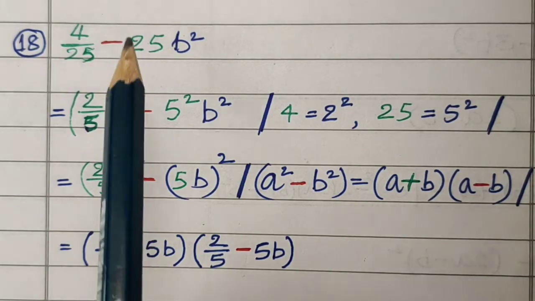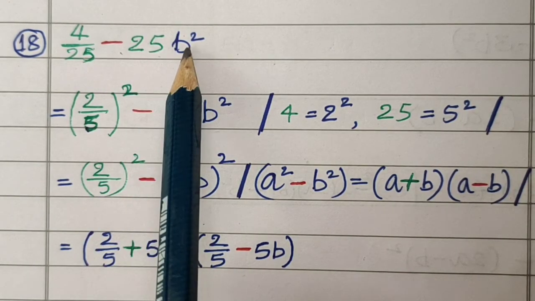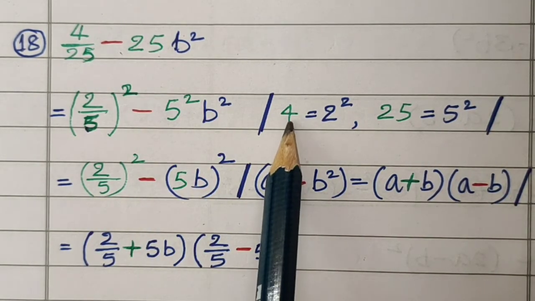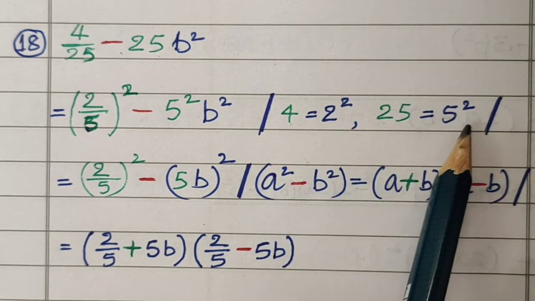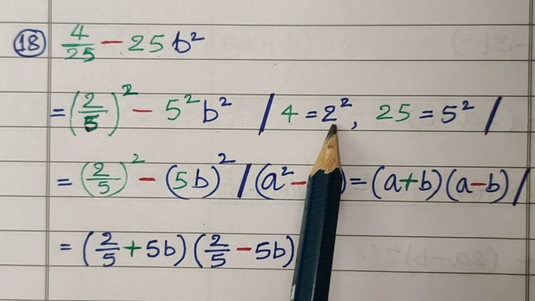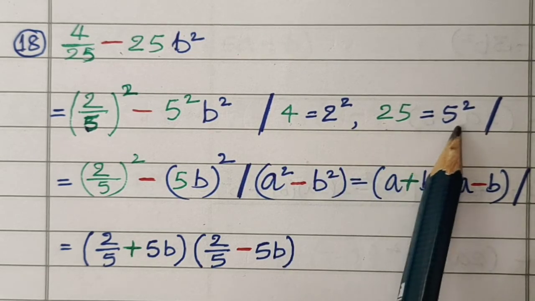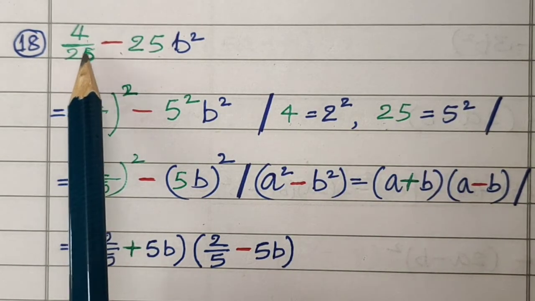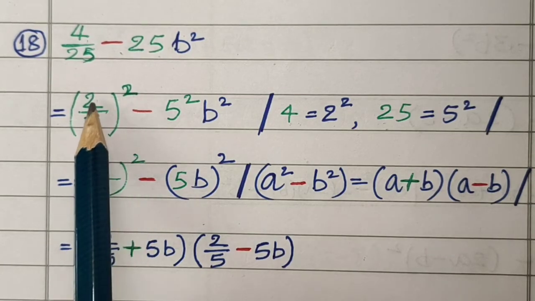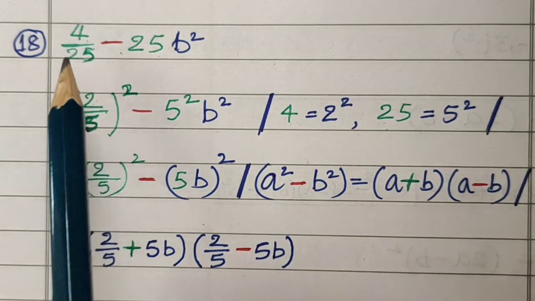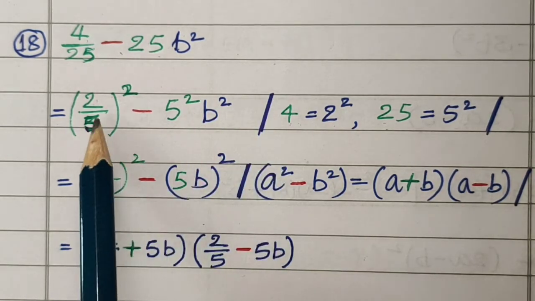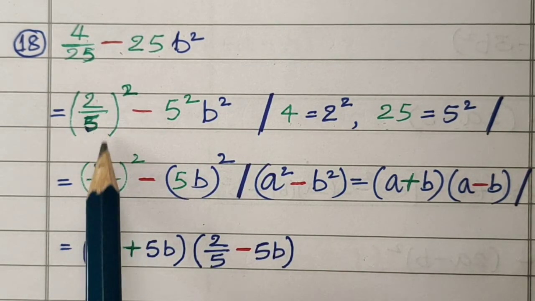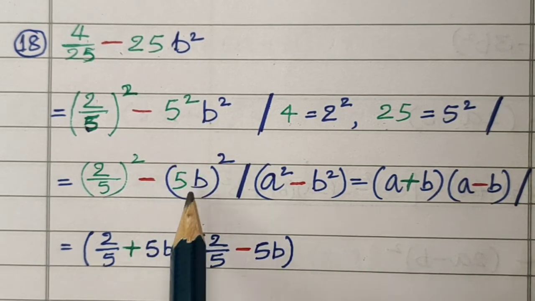Factorize 4 by 25 minus 25b square. We know that 4 is 2 into 2, that is 2 square, and 25 is 5 into 5, that is 5 square. So 4 by 25 can be written as 2 by 5 whole square, minus 5b whole square.